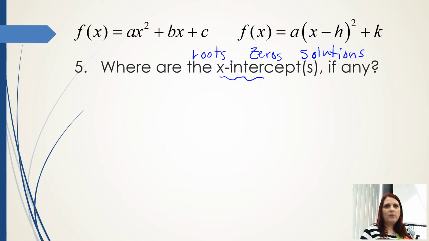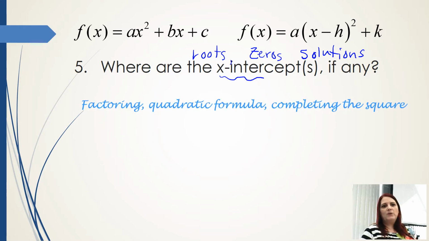That's where the graph crosses the x-axis. And you can find that in a number of ways, and we've looked at those. We can use factoring if it can be factored. We can use the quadratic formula, and we can complete the square. The quadratic formula and completing the square will always work, whether it's factorable or not.